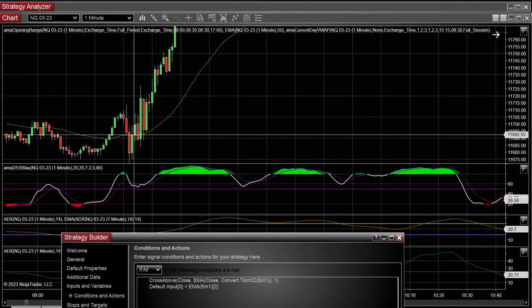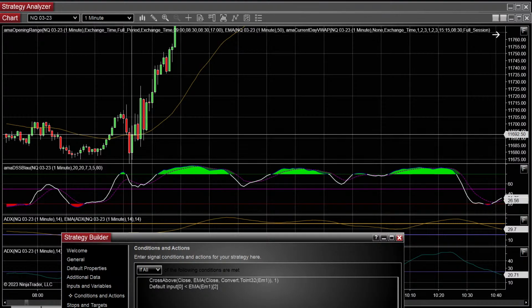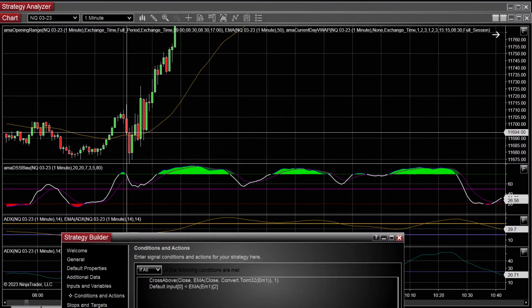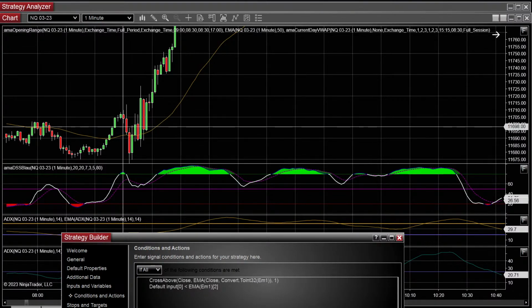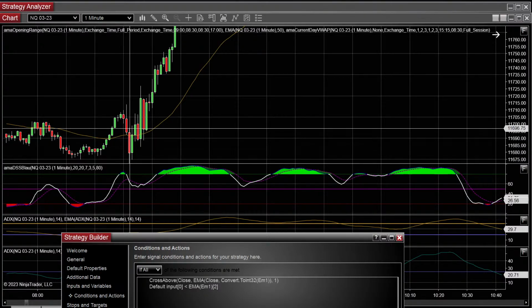We have to say if price crosses above the EMA, however, price was above the EMA 3 bars ago, because this indicates that price has to be above the EMA, cross below it for only 1 bar, and then cross back above it.